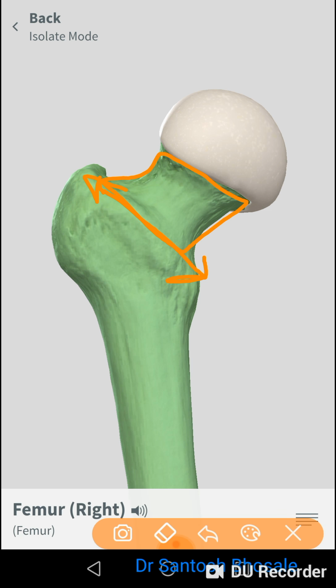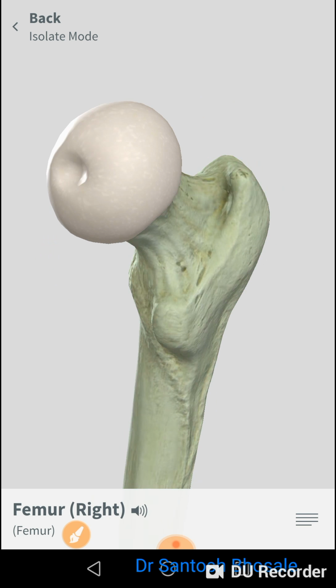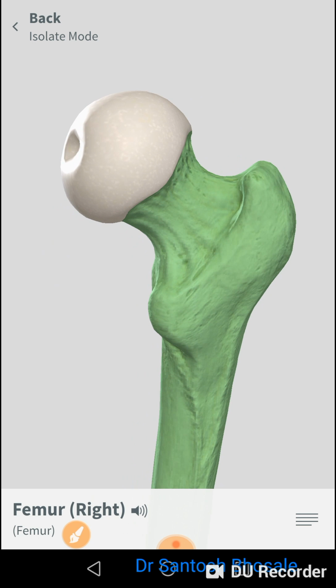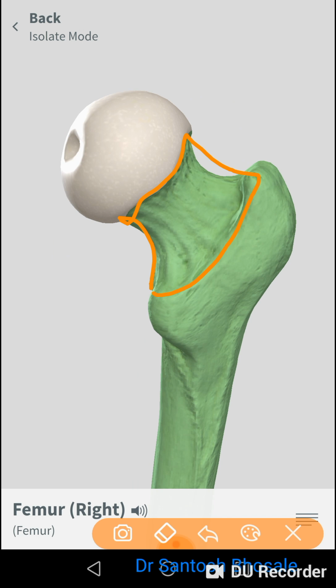The articular cartilage of the head may extend to this surface, whereas the posterior surface is convex above downwards. You can see this is the entire posterior surface, which is convex above downwards, whereas concave from medial to lateral, and it meets the shaft at the intertrochanteric crest.